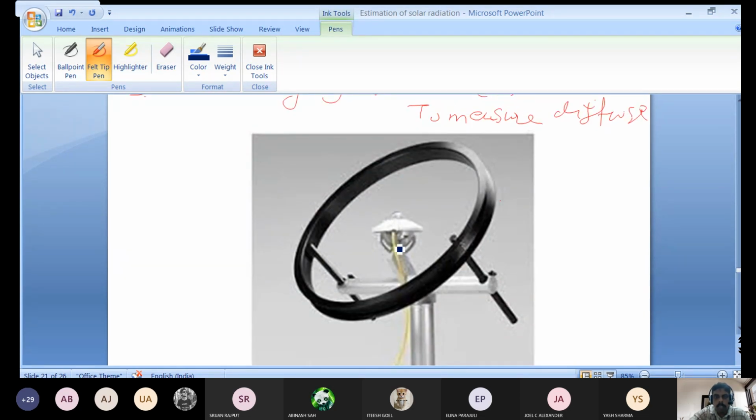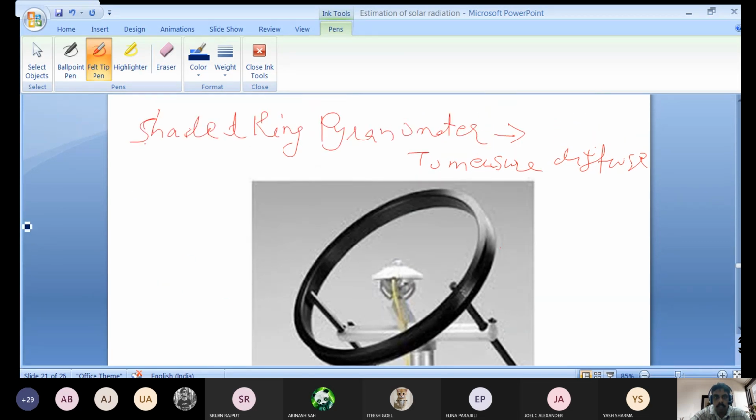Now diffuse radiation only you are interested means you can make a shading in the pyranometer. So that is called a shaded ring pyranometer. Okay, this black circular object is called shaded ring. This will make a shading. So suppose sun is here, beam radiation will be shaded.